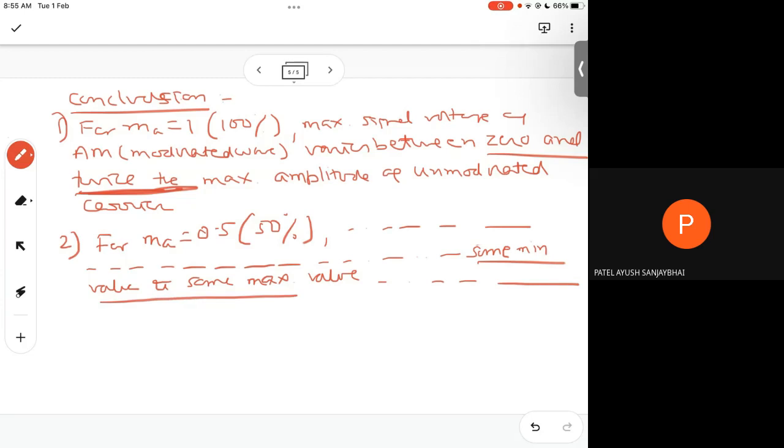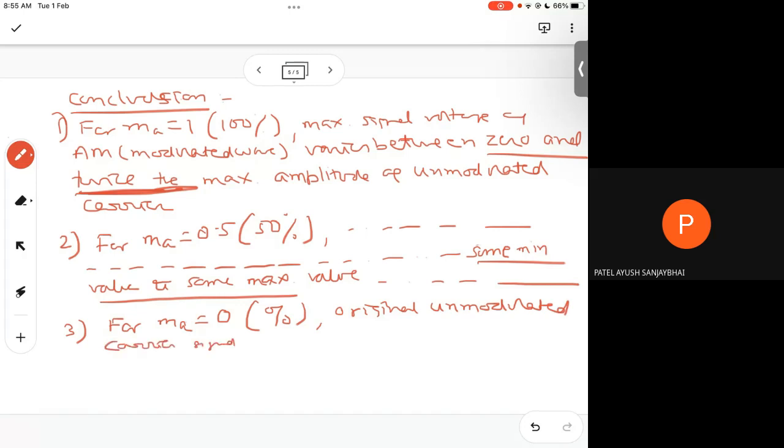There is a third thing which we have not discussed, but it is very simple now. If I have MA equal to 0, that means 0% modulation. So in this case, obviously, your original unmodulated carrier signal is the same as the modulated AM signal.